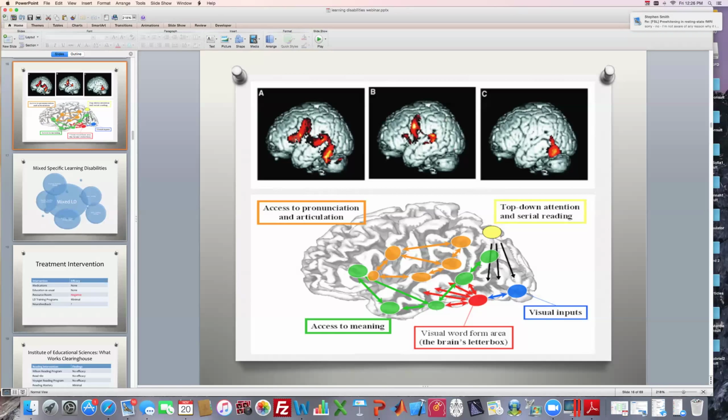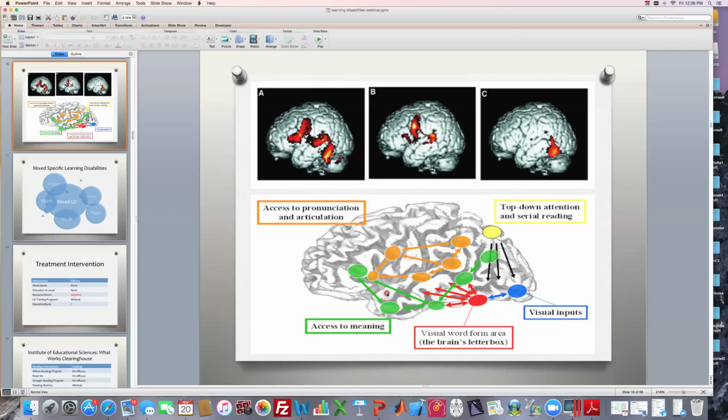And here we have a third example where we have activation of the word form area and the phonology area, and even a portion of the middle temporal gyrus, but not the upper semantic area. So the word form and its meaning would probably not be formed very well in that case. So you can have multiple different combinations of dysfunction in different brain regions, and they will result in the same reading deficit.